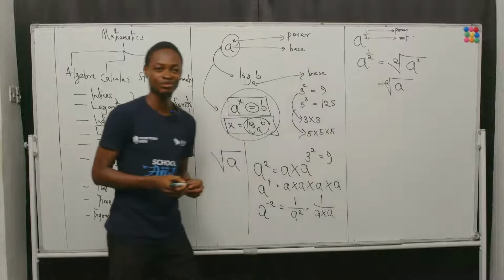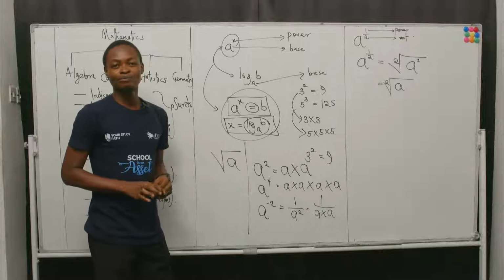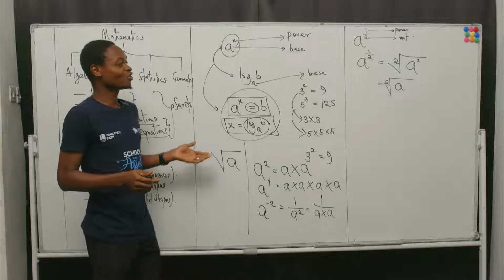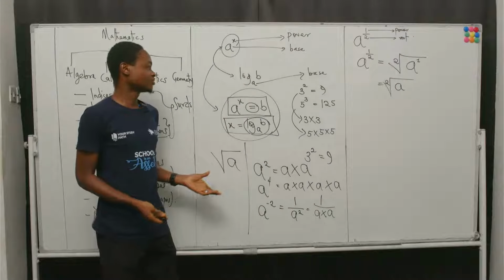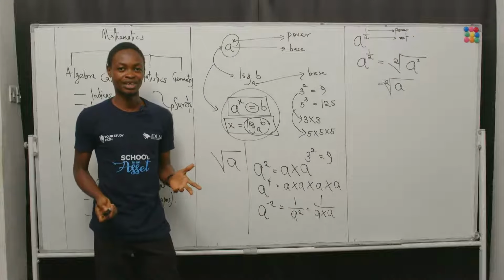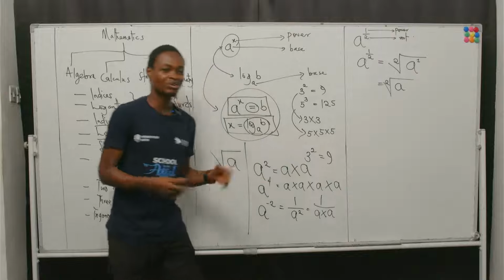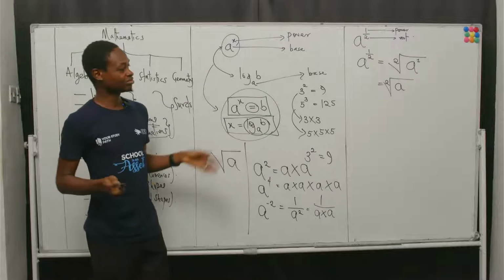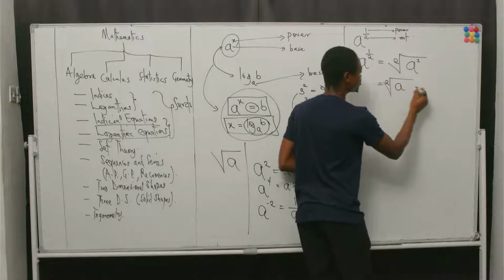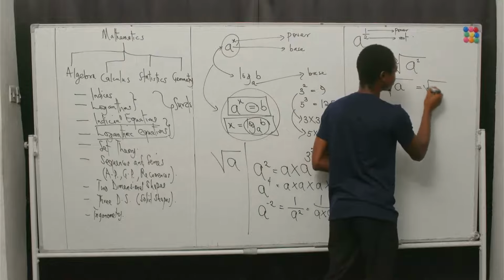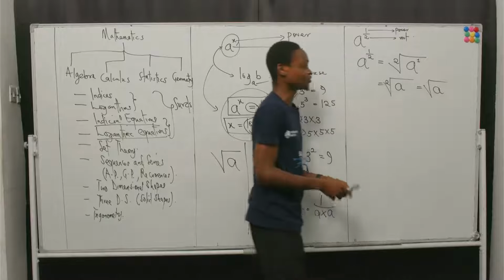Now, this is very, very interesting. Most times, whenever we want to write the square root of a, we do not usually write the 2, right? Because we believe that whenever we talk about square roots, the 2, whether it's there or not, does not really matter. Which means I could write this as the square root of a without putting the number.